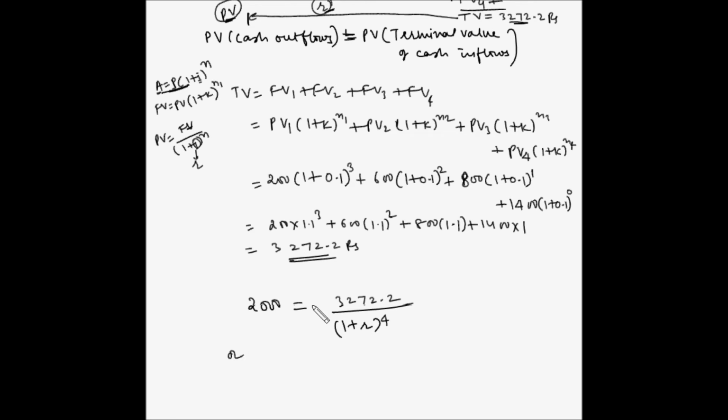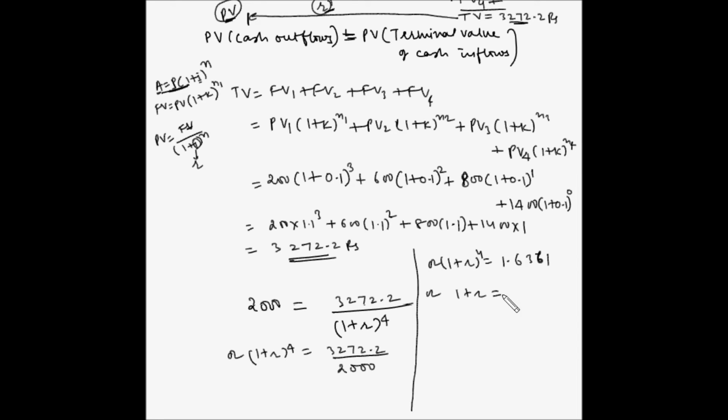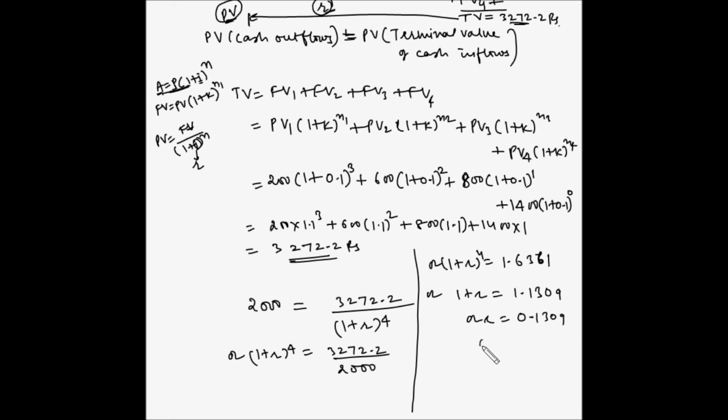So now let's take this on the other side. So 1 plus R to the power 4 is equal to 3272.2 divided by 2000, or 1 plus R to the power 4 is equal to 1.6361, or 1 plus R is equal to 1.1309, or R is equal to 0.1309, or R is equal to 13.09%.